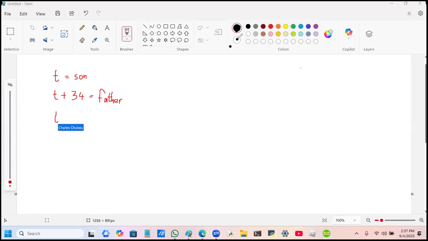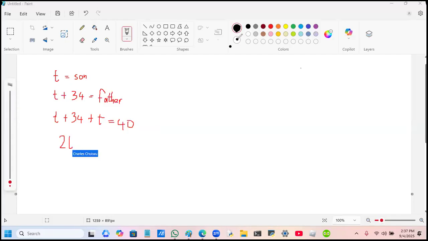So that is T plus 34, plus 2, plus T again, equal to what? 40. I'm not done. Where are you getting 2 from? I've not finished. It's equal to 40. So let's find what T is.